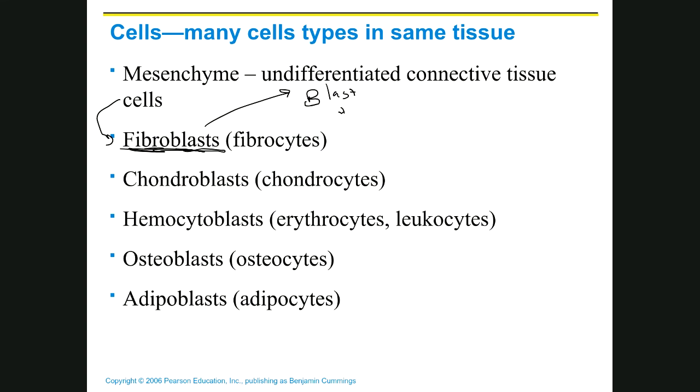It means secreting or building. Well, what does it look like a fibroblast is building? What are they secreting? Things we've already talked about. They're secreting fibers. What are the three kinds of fibers we talked about?